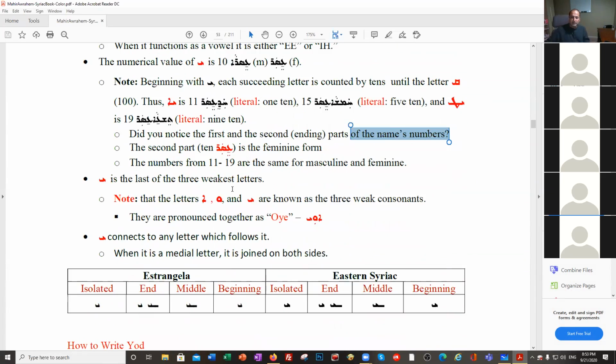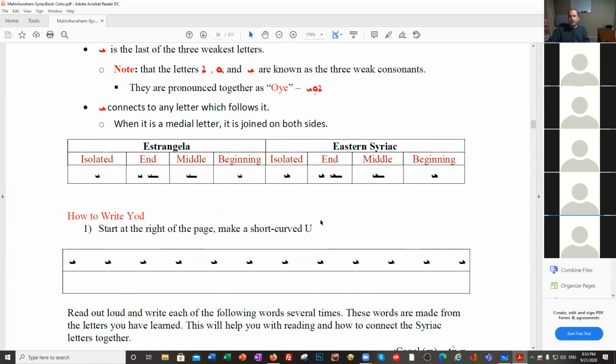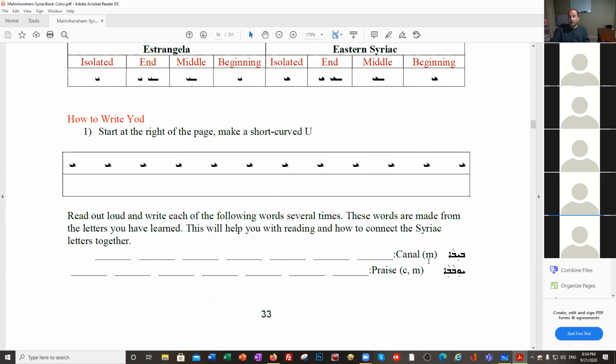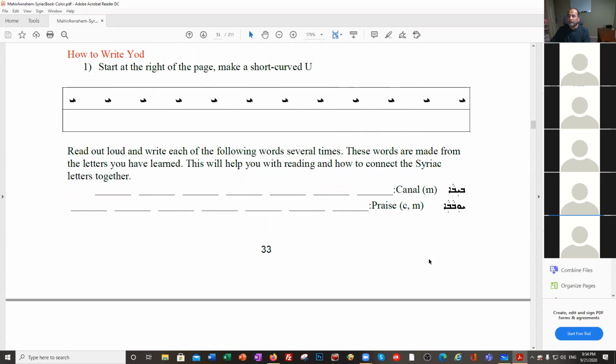Yod, again, it's the weakest one, so we have those 3 letters. Oi is the 1. Now, how are we going to write Yod? I already showed you. It's going to be on the top of the line. So I have here the following 2 words, made from the letters we have covered so far.